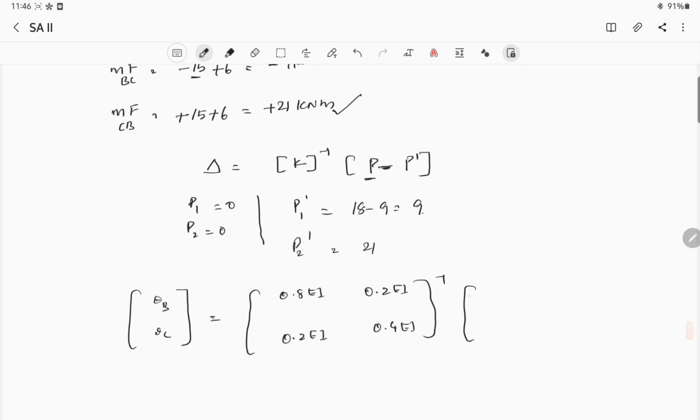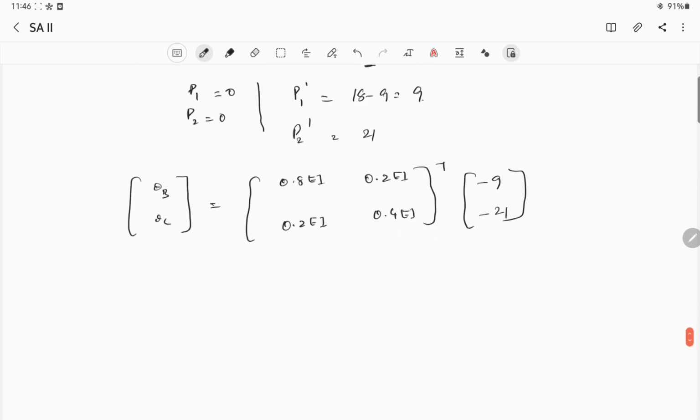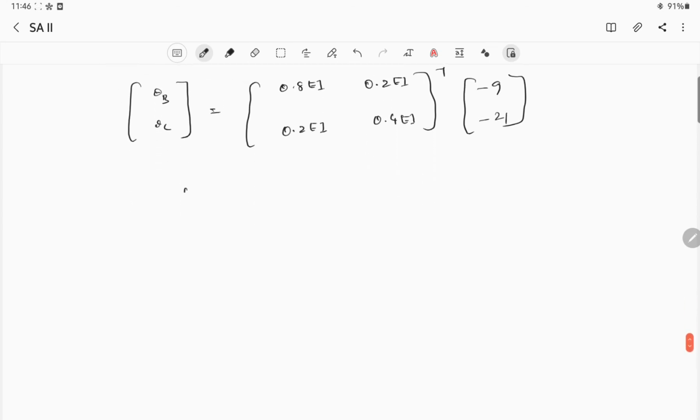I'll write here minus 9 and minus 21. Once you solve this one, you'll get the value of theta B and theta C. Theta B and theta C is equal to 12.14 by EI, and minus 53.57 by EI.